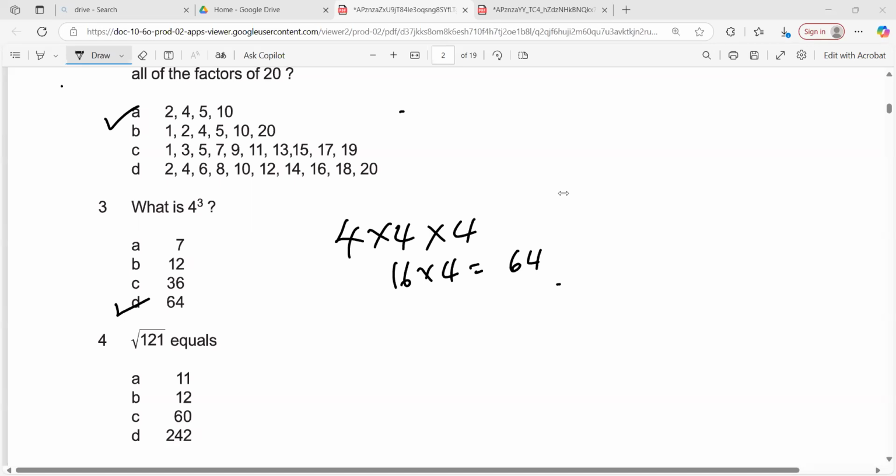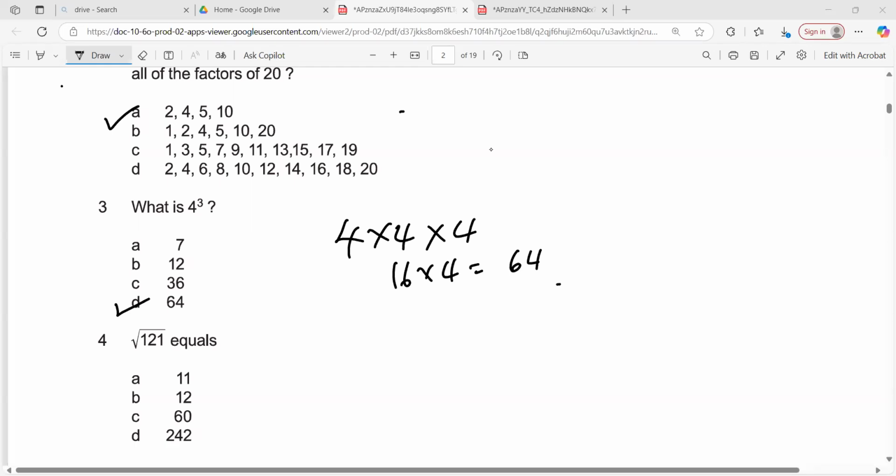Okay, sir. The answer I got for number 4 is A. This is because it asks, what does the square root of 121 equal? So, sir, to find out, I divided it by 11.